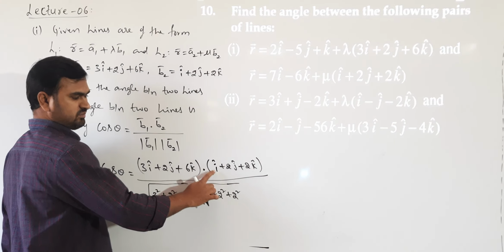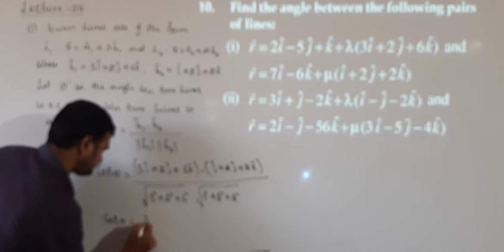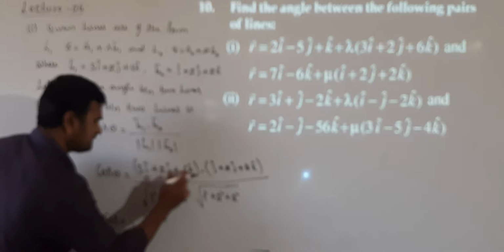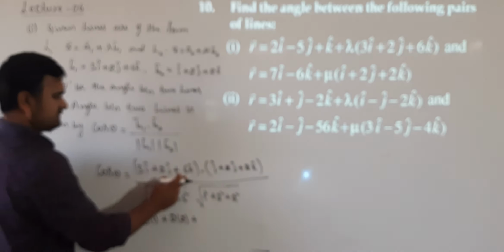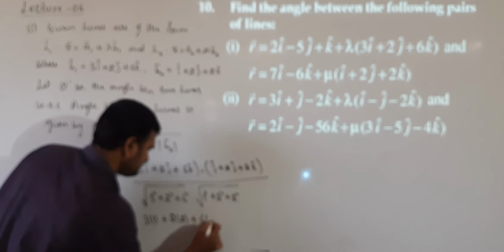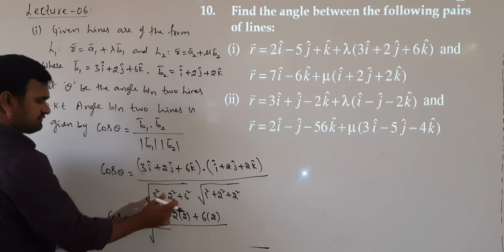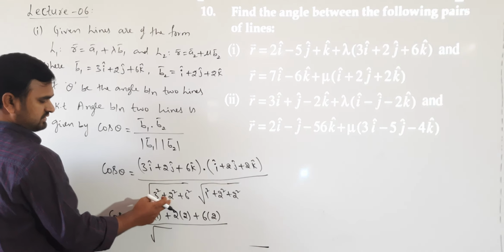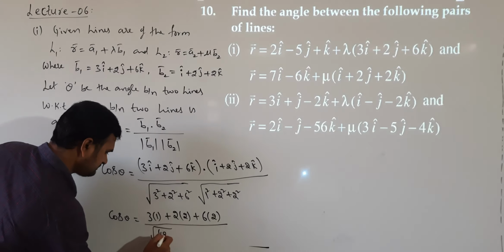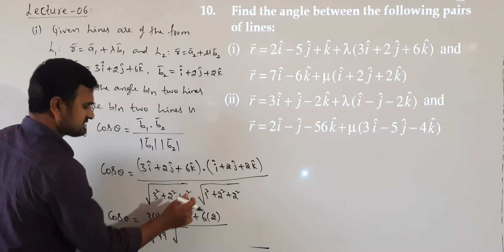Multiply the corresponding components and add. 3 into 1 plus 2 into 2 plus 6 into 2, divided by root of, how much it is? 36 plus 4, 40 plus 9, 49, into root of 4 plus 4 plus 1, 9.